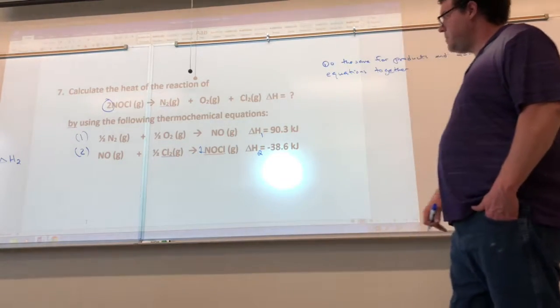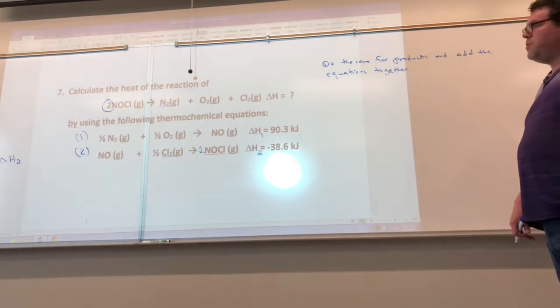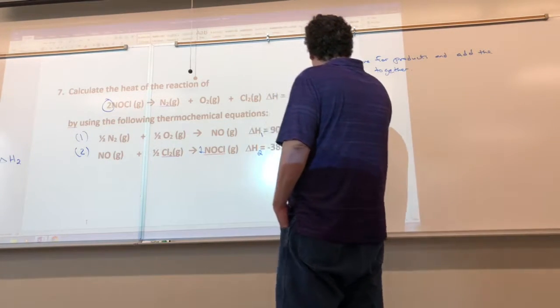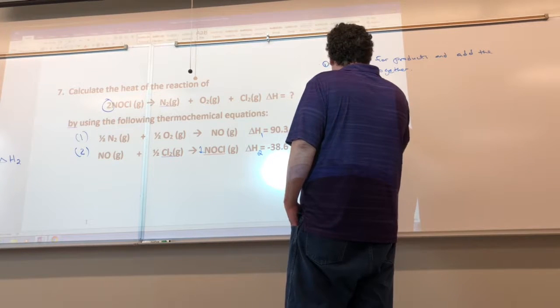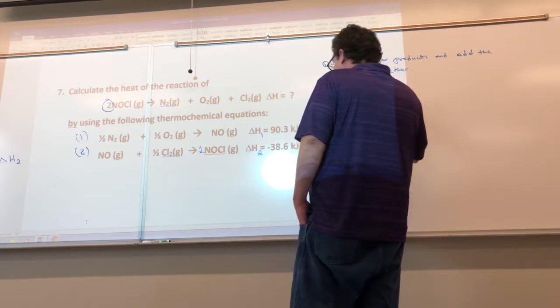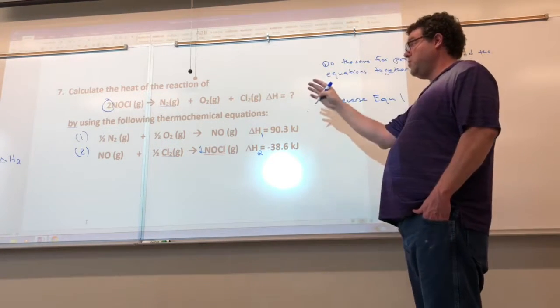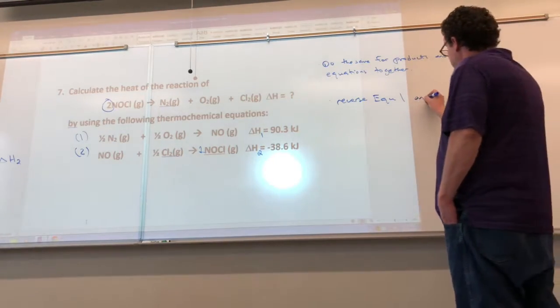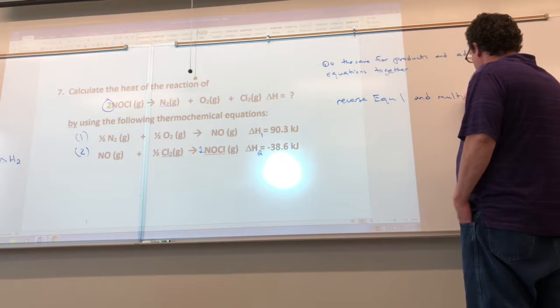Okay. All right. So what I need to do on the first equation is I need to reverse equation 1, right? So that I get the N2 and the O2 on the product side, and what? Multiply by 2.